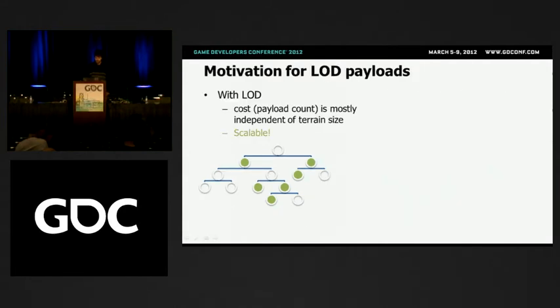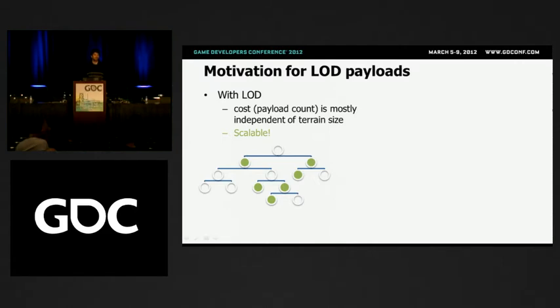Now, the motivation behind the payloads. If we have them, we can actually make the terrain almost arbitrarily big without running into issues with the number of payloads needed to render the scene. That is to say, the number of green blobs here does not depend really on terrain size.